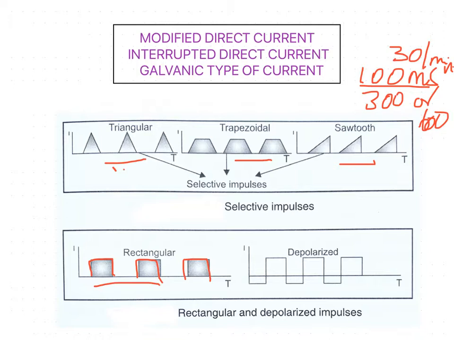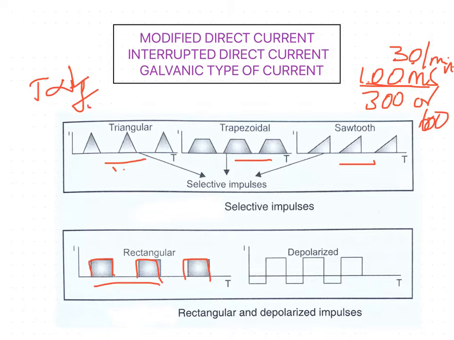But if the duration is increased, what will happen? The frequency is going to be reduced. That means the time interval is inversely proportional to the frequency. Whenever you increase the duration, the frequency of this current is going to decrease.